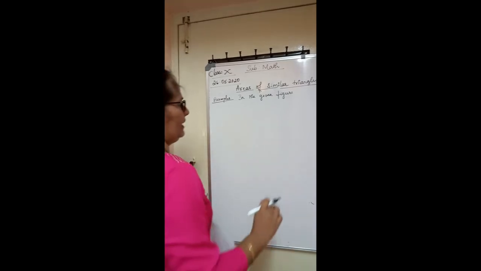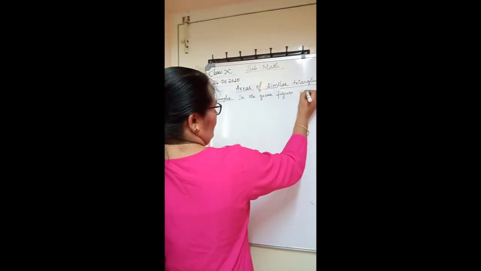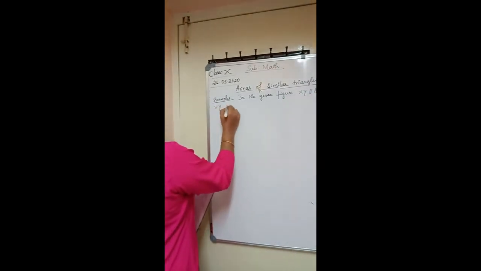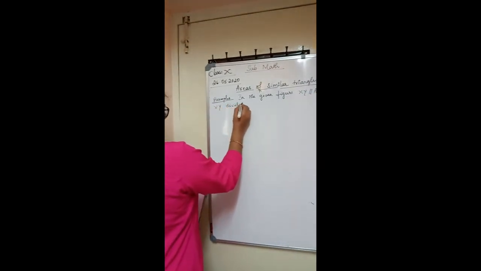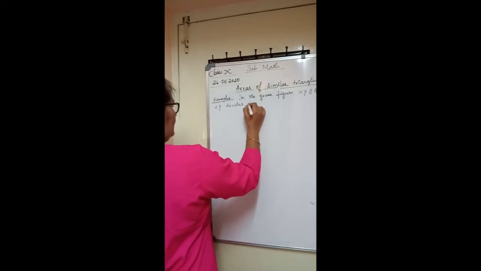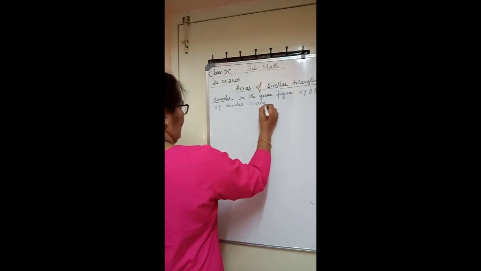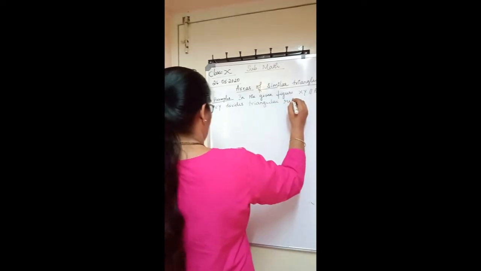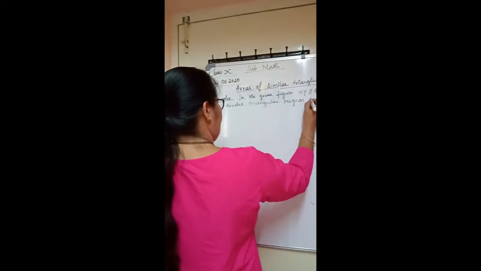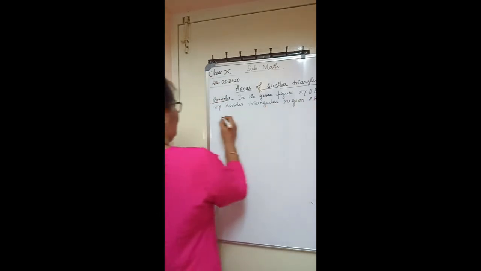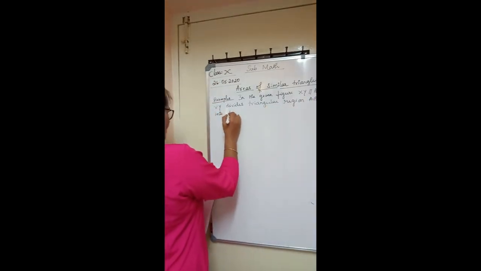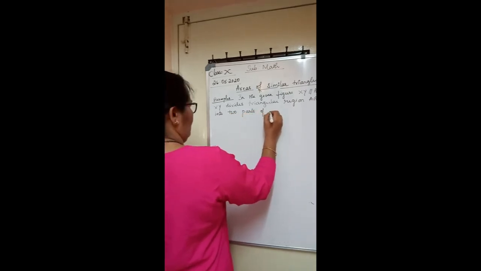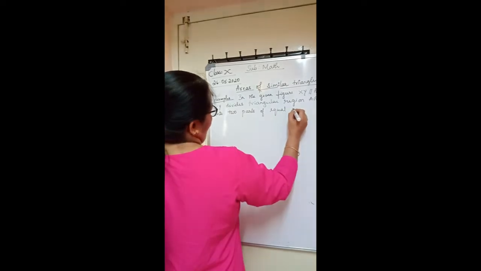In the given figure, XY parallel to AC and XY divides triangular region ABC into two parts of equal areas.